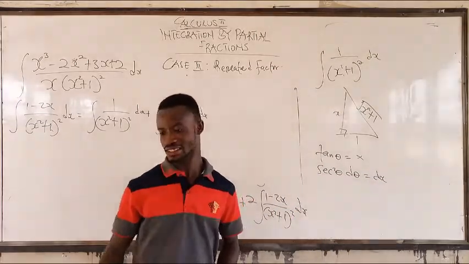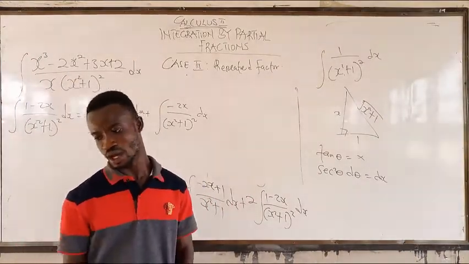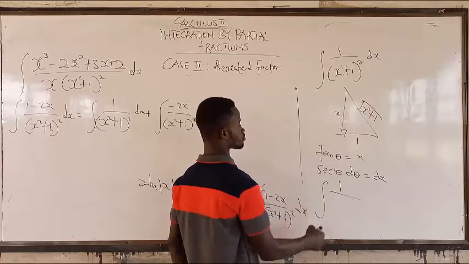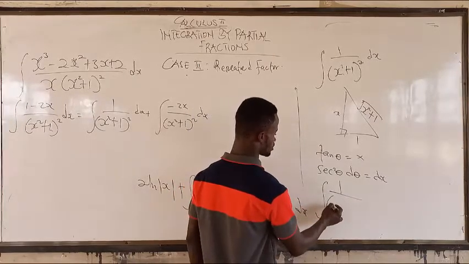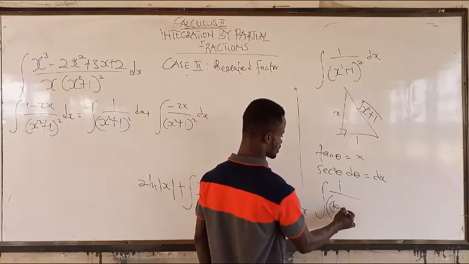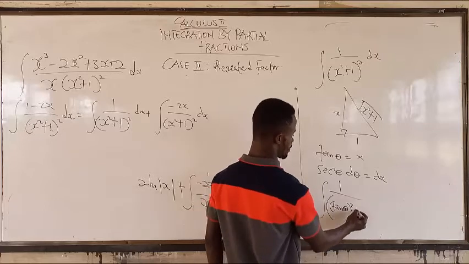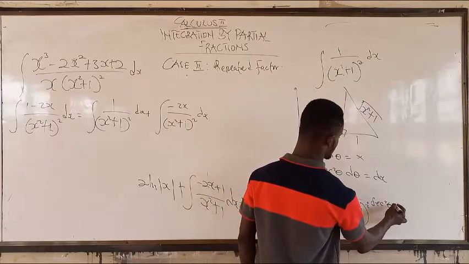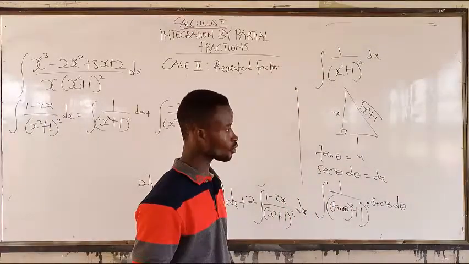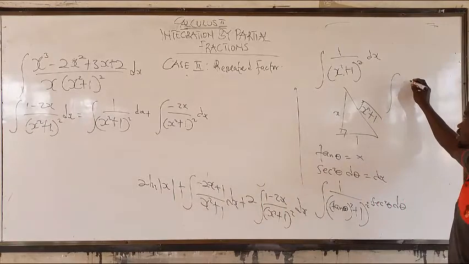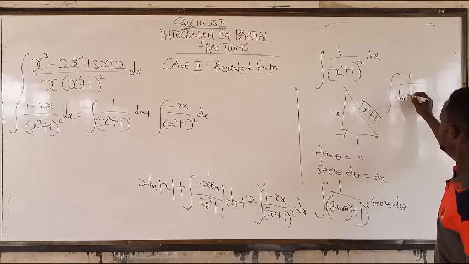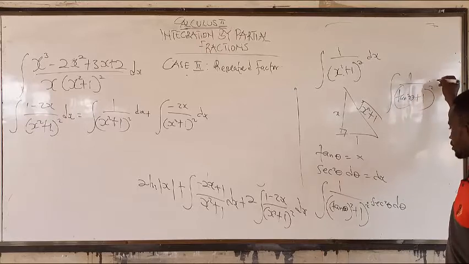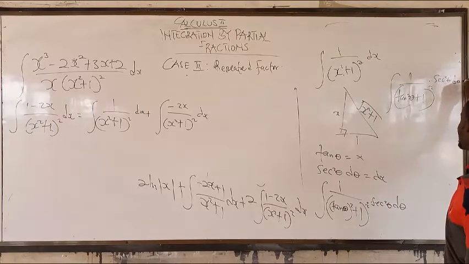So we know that ds is the same as sec squared theta d theta, and we know that s is equal to tan theta. So by substitution, you are going to get 1 over tan squared theta plus 1, all squared, times sec squared theta d theta.